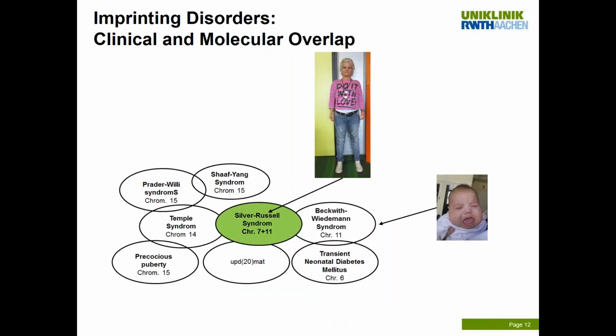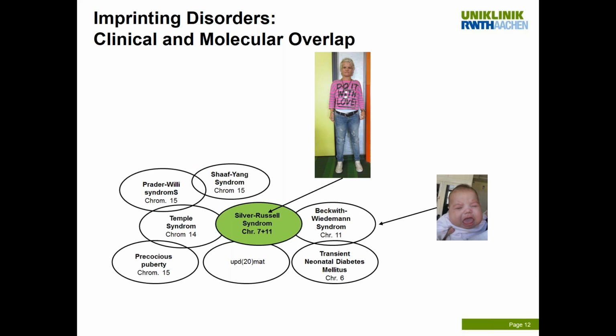I mentioned that the clinical overlap between the different disorders is a major challenge in the decision process of which locus should be tested. Here, for example, we have an adult female patient with Silver-Russell syndrome. She was diagnosed at the age of 40 years because she reported that as a child she was diagnosed with Silver-Russell syndrome.